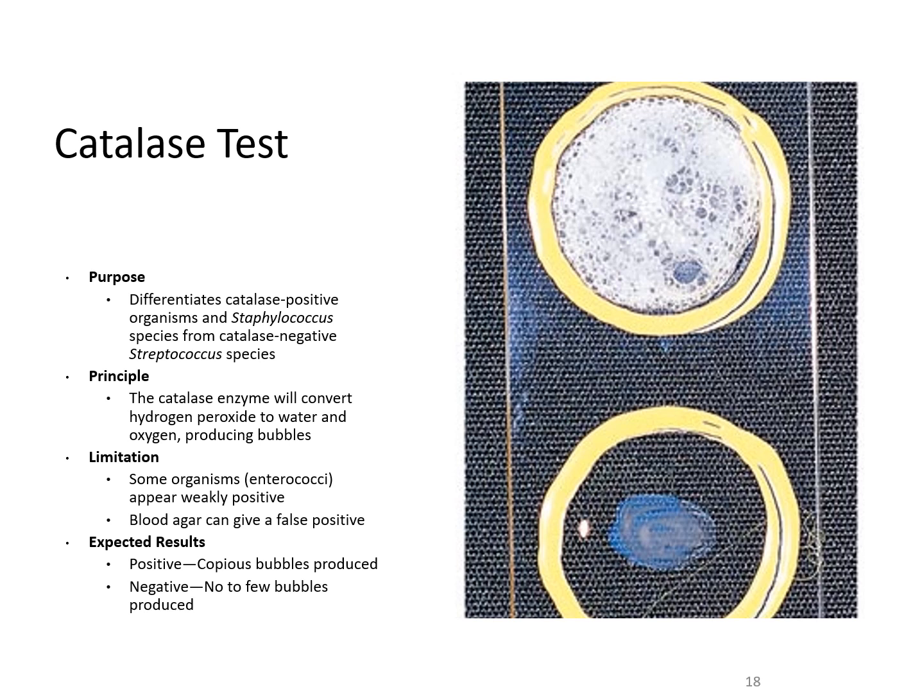Here at the top, you have a positive reaction for catalase, and at the bottom, you have a negative reaction, so you do not see any bubbling. One thing that can interfere with this test is that blood will actually give a positive test.